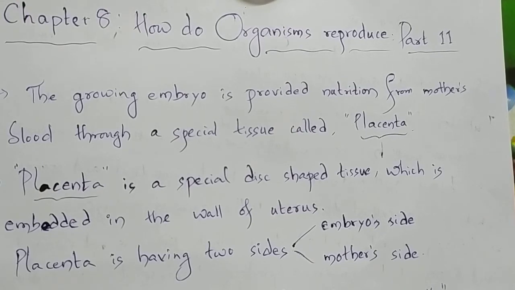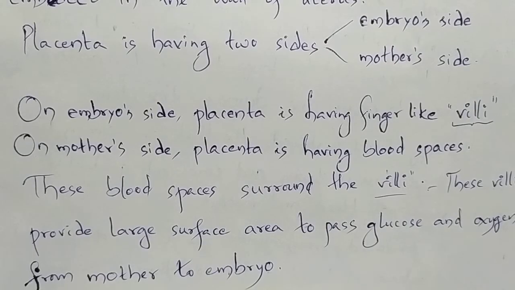This placenta has 2 sides. One side is facing towards the embryo, another side is facing towards the mother. On the embryo's side, placenta has many finger-like structures which are known as villi, like how finger-like projections in the small intestine are known as villi.